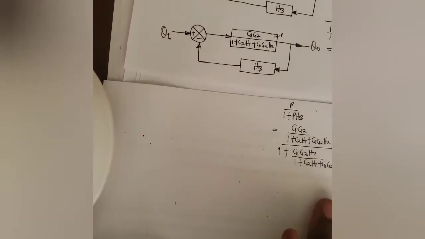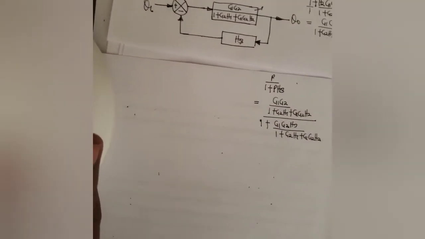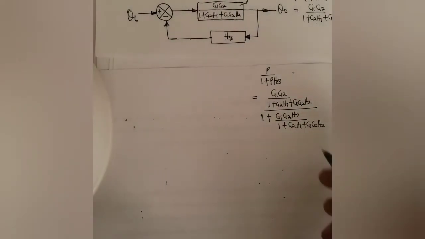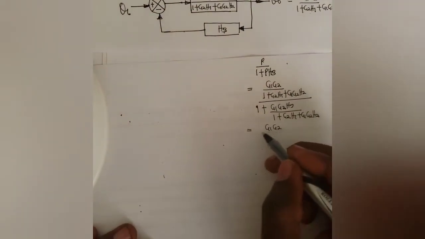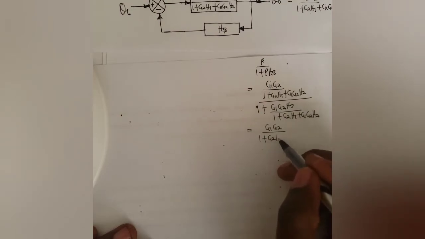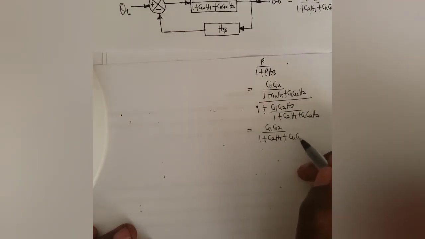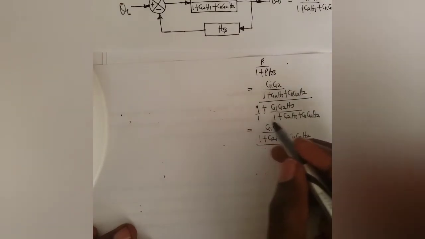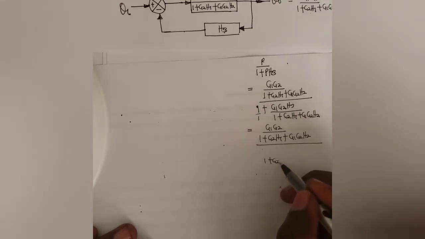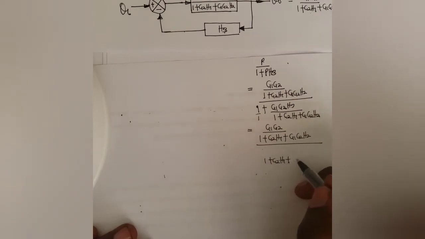So if I have this now, I should have this here, so you can easily look for the LCM. G1 G2 all over 1 plus G2 H1 plus G1 G2 H2 all over, what's the LCM? The LCM is 1 plus G2 H1 plus G1 G2 H2.